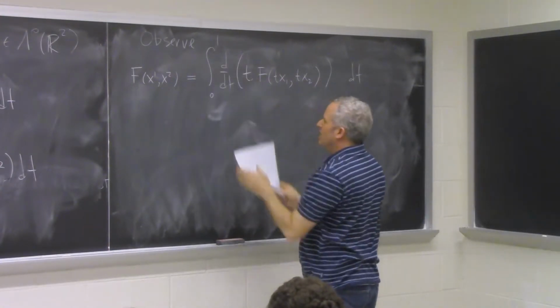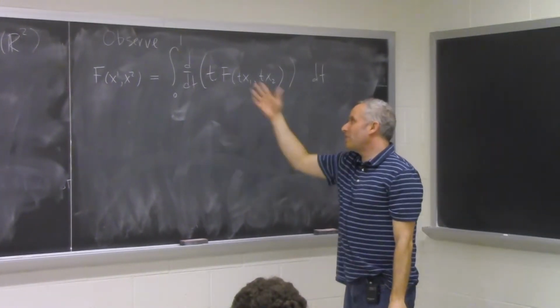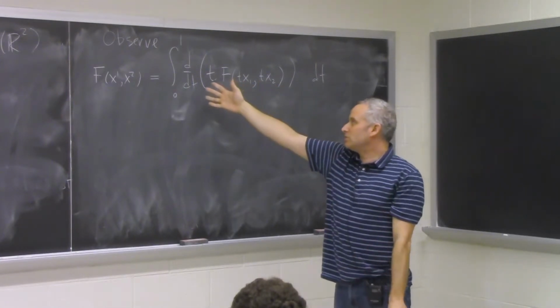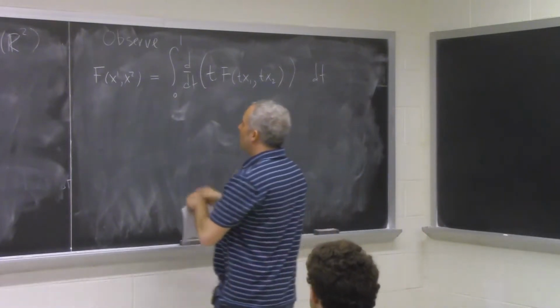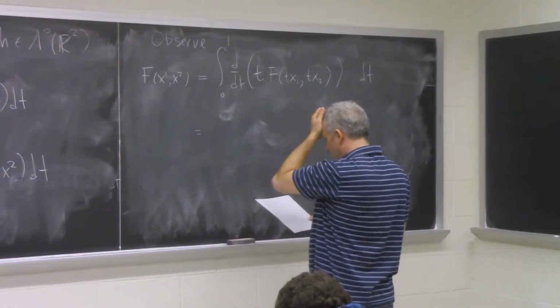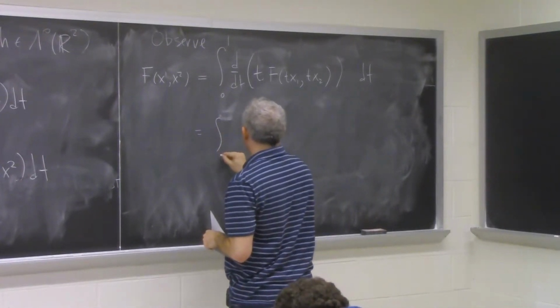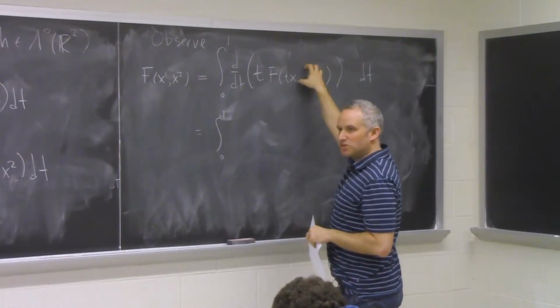Yes? Okay. So that was easy enough, but now we can rewrite what we have here. We can take this derivative inside the integrand and see what happens. Okay? So F is also equal to, and then there are 3 terms when we take this derivative. We can think of this as the derivative of this function of t times this function of t.